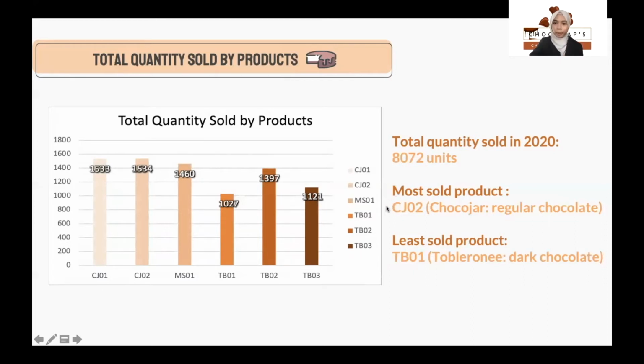The customers' most favorite product is CJ02, which is Chocodap in regular chocolate variety. It has 1,534 units in 2020. And the least sold product is TB01, which is Toblerone in dark chocolate, which amounted to 1,027 units.